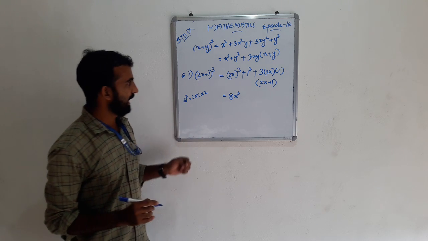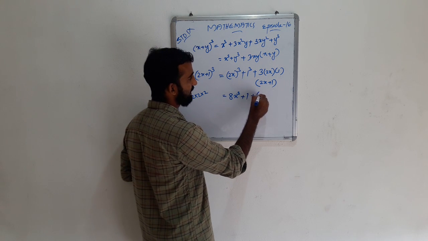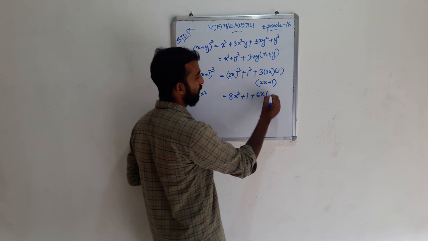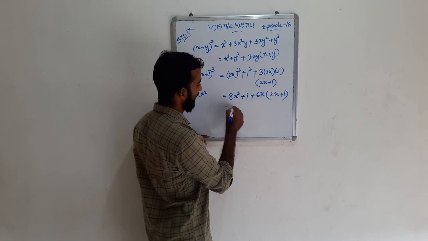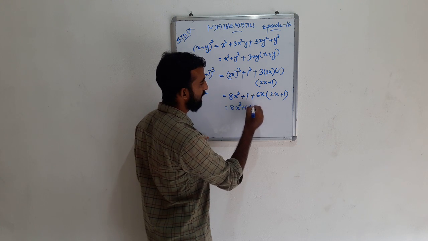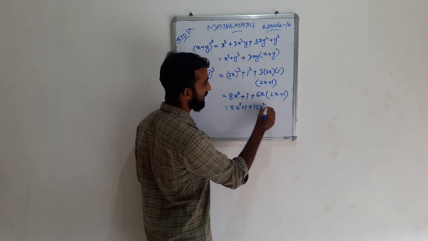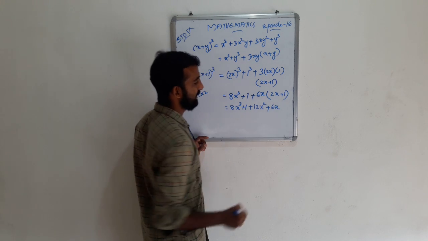We get 8x cube plus 1 plus 6x into (2x + 1), that is 8x cube plus 1 plus 12x square plus 6x.